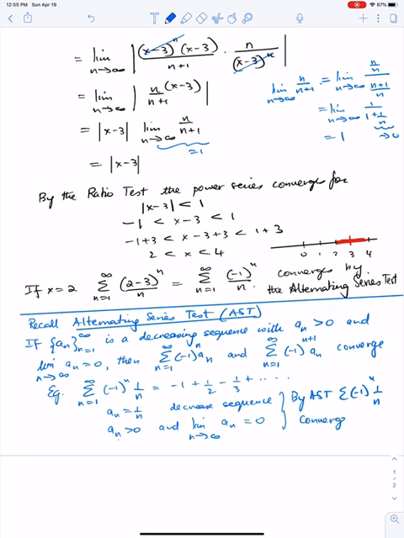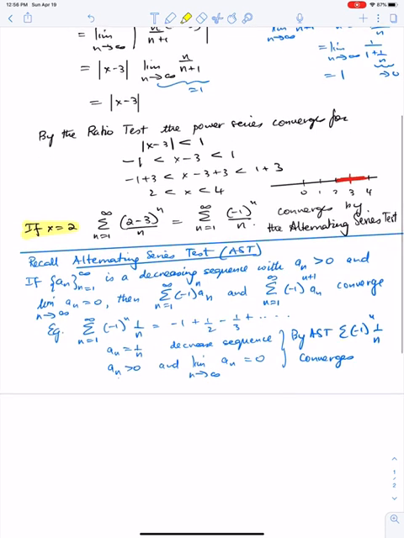So in the previous series section, when we did the alternating series test, this was like a problem by itself. Now it's just a part of the other problem when x is equal to 2. Here I go, talking with my hands again, and nobody can see me.